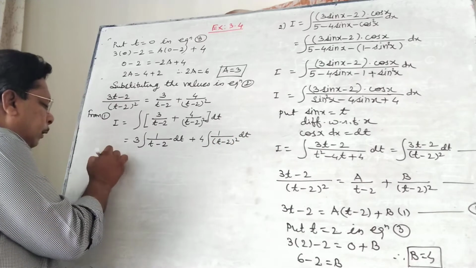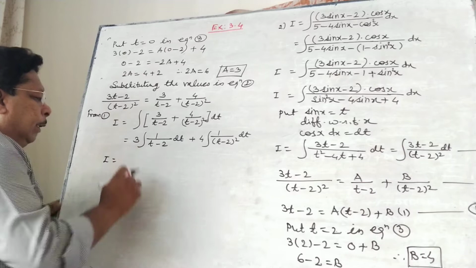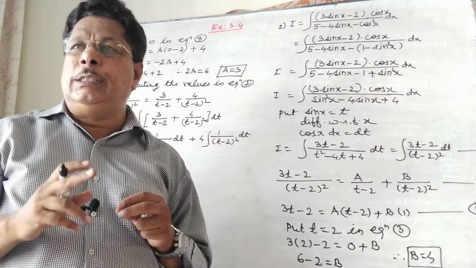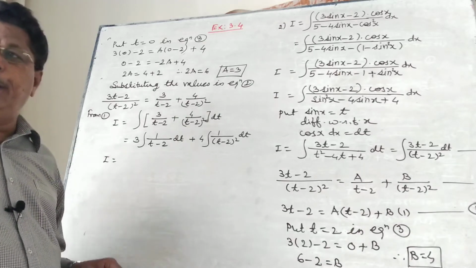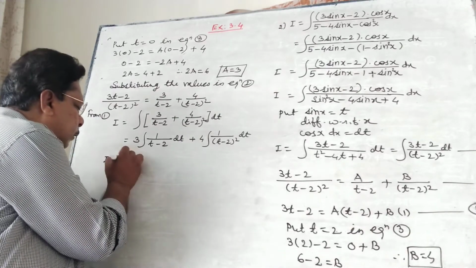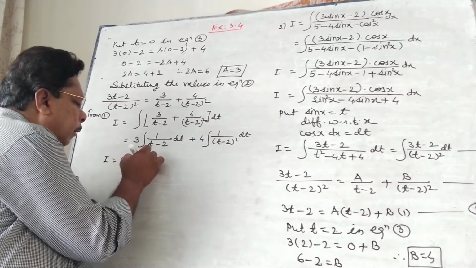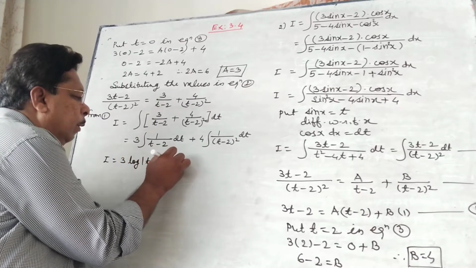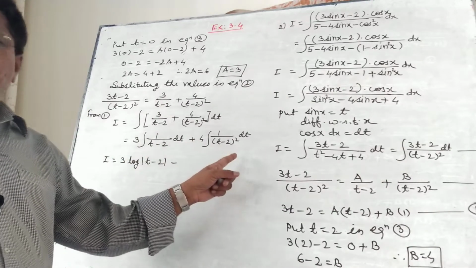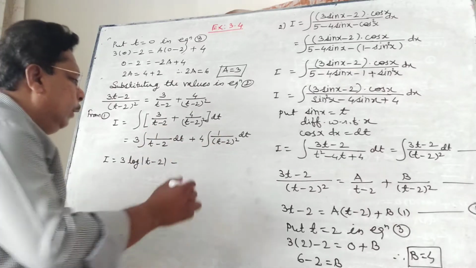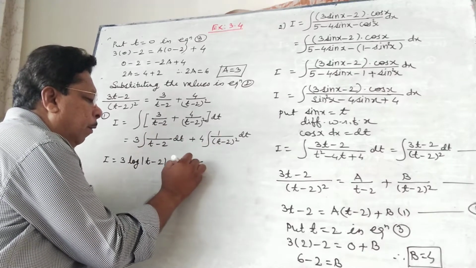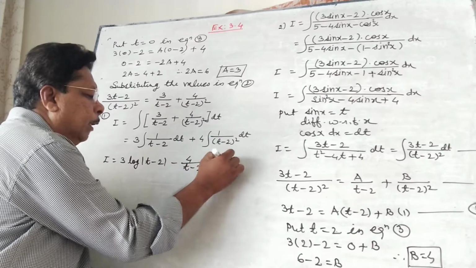Now take the integration. Integration of 1 upon (t minus 2) is log of (t minus 2), because the derivative of log (t minus 2) is 1 upon (t minus 2). So it is 3 log (t minus 2). Integration of 1 upon (t minus 2) whole square is minus 1 upon (t minus 2). So it is minus 4 upon (t minus 2) plus c.